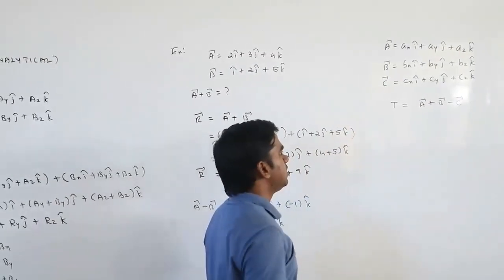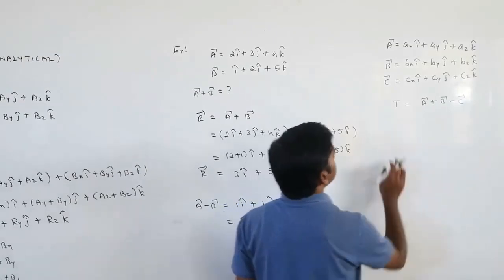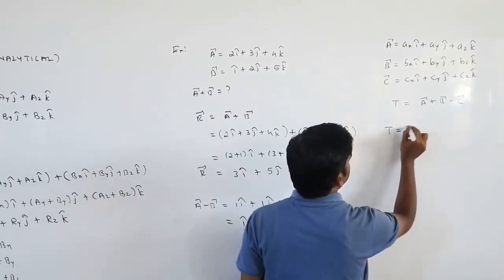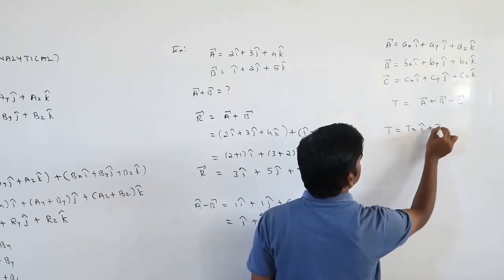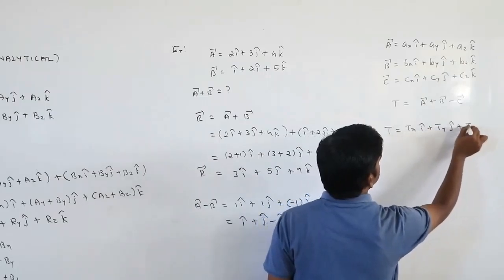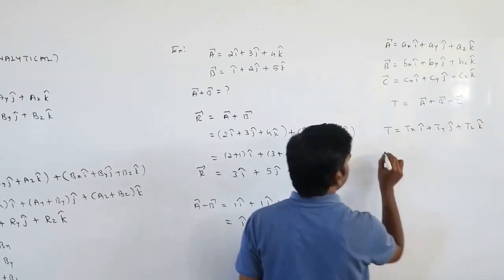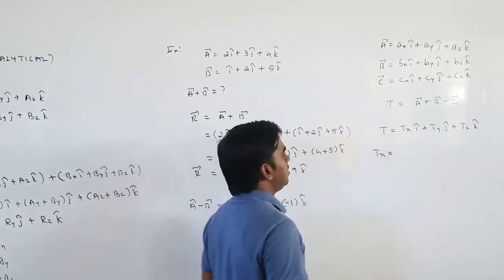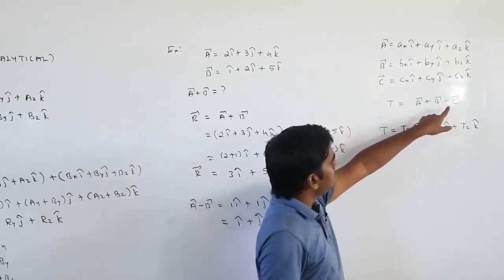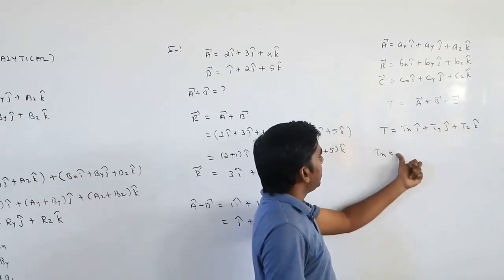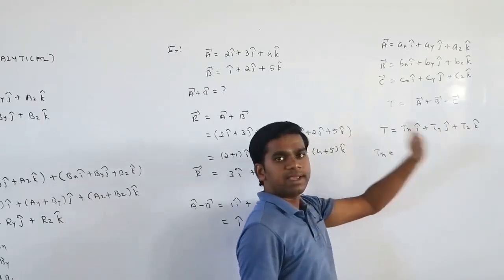So what will you get as the resultant? You will get t equals tx i cap plus ty j cap plus tz k cap. So what is tx then? tx is ax plus bx minus cx.